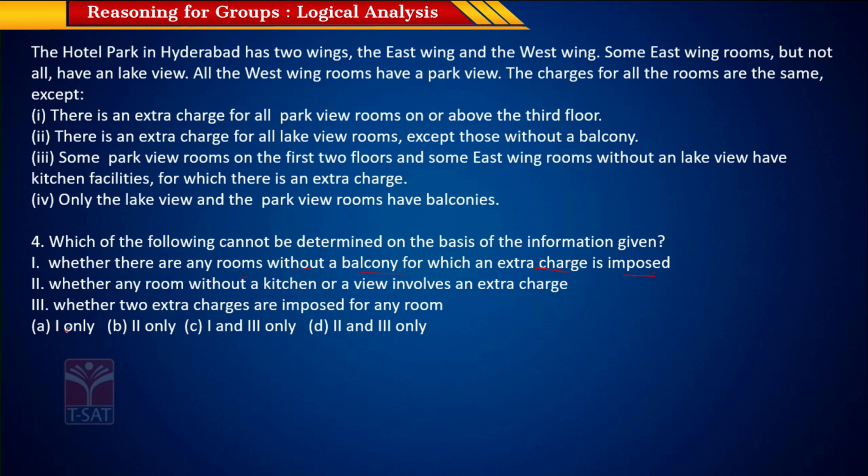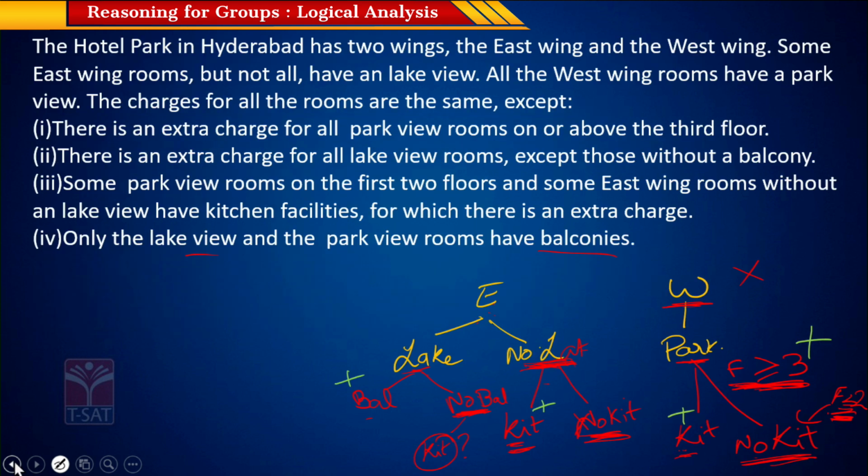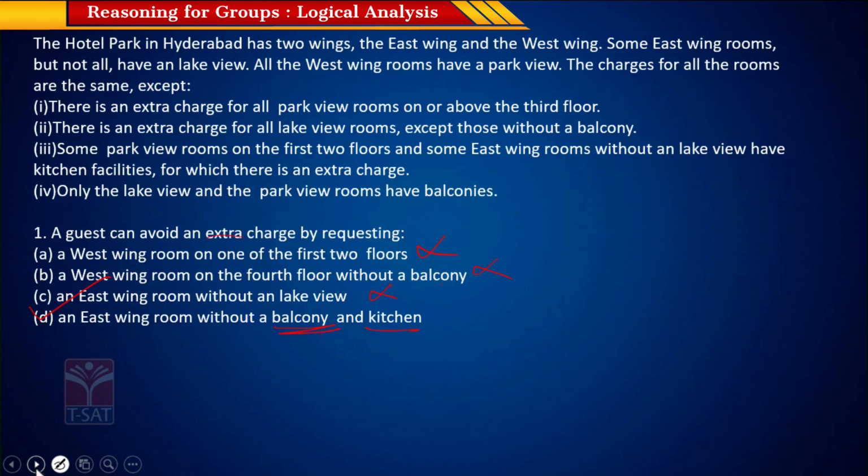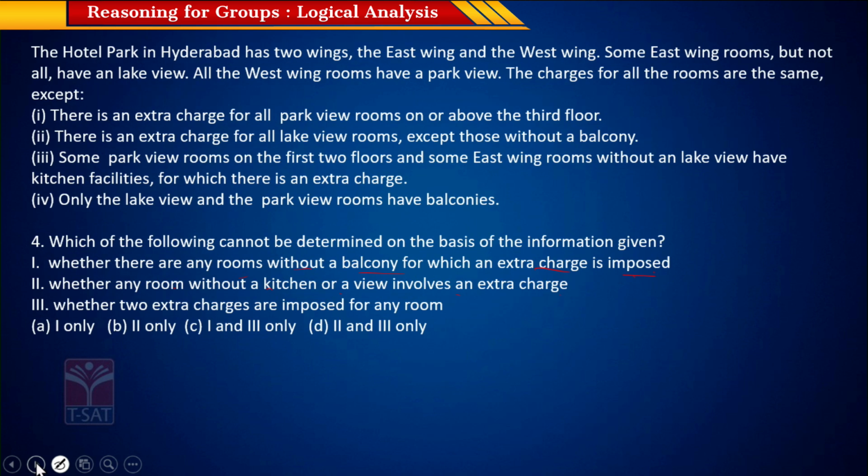Whether any room without a kitchen or a view involves an extra charge. For a room to have no kitchen or no view, it has to belong to the east wing and have no kitchen, no view, so they do not have any extra charges. So we can say for sure. That is something we can definitely determine.